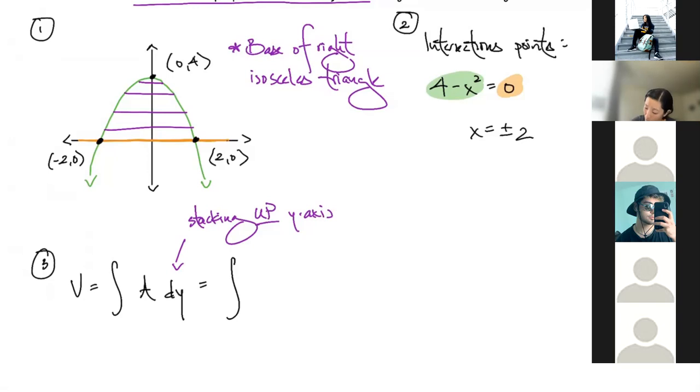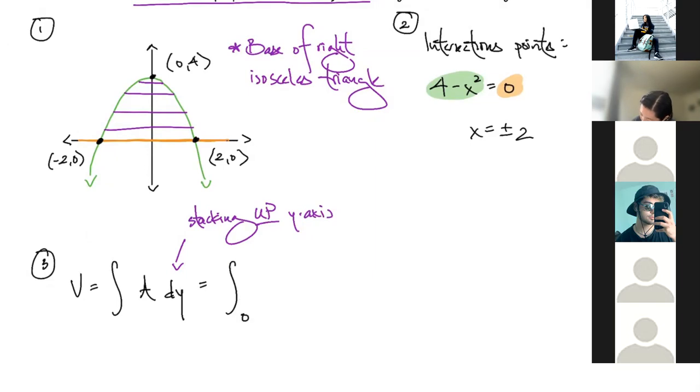Okay. So what might we want as our bottom bound here? In other words, where do we start counting our triangles from? 0, okay? And if we start counting at 0, where should we stop counting triangles? 4, awesome.